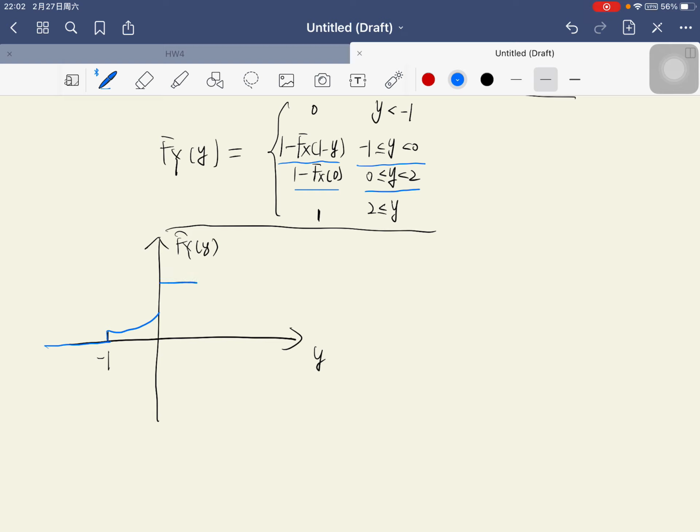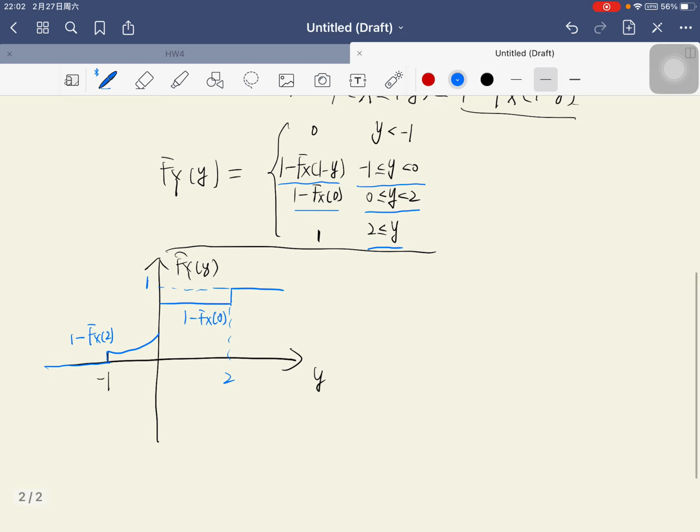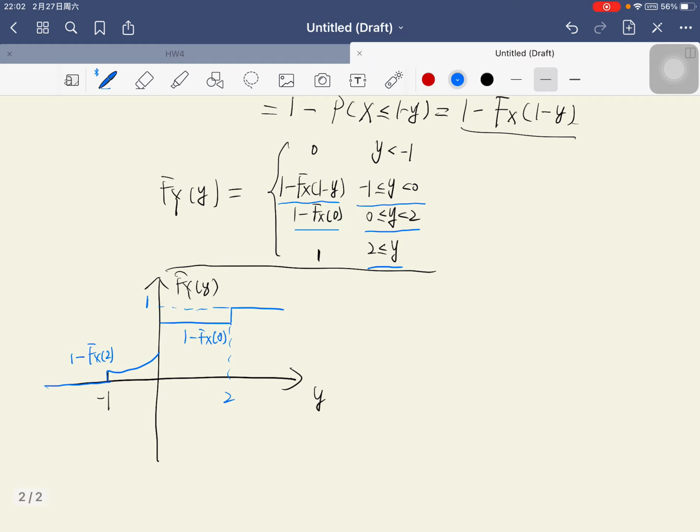When y is over 2, the value is equal to 1. So this is the graph of the distribution function, and this value is 1 minus the distribution function of x at 2. So this is the distribution function of y.